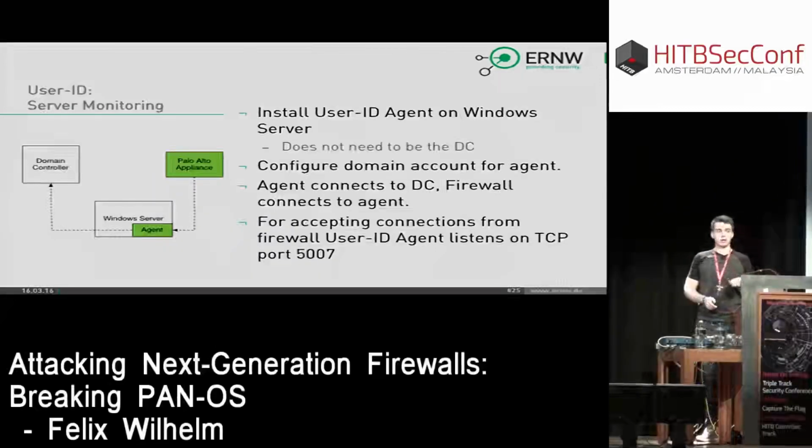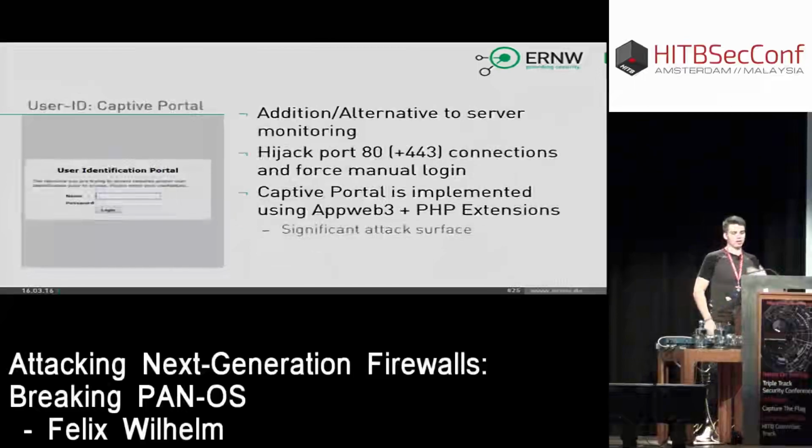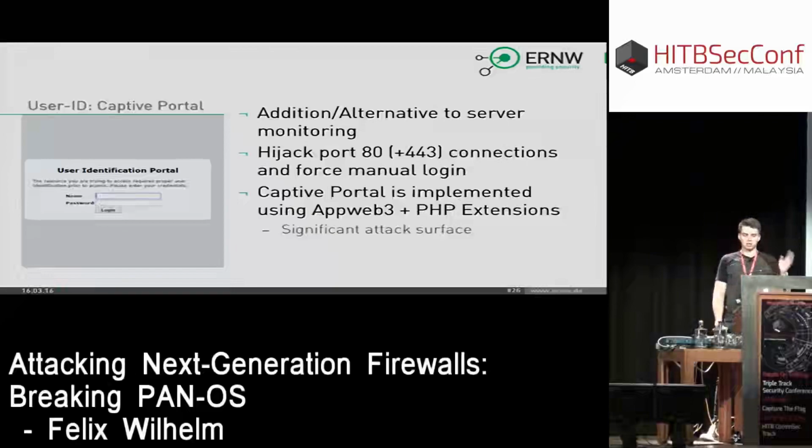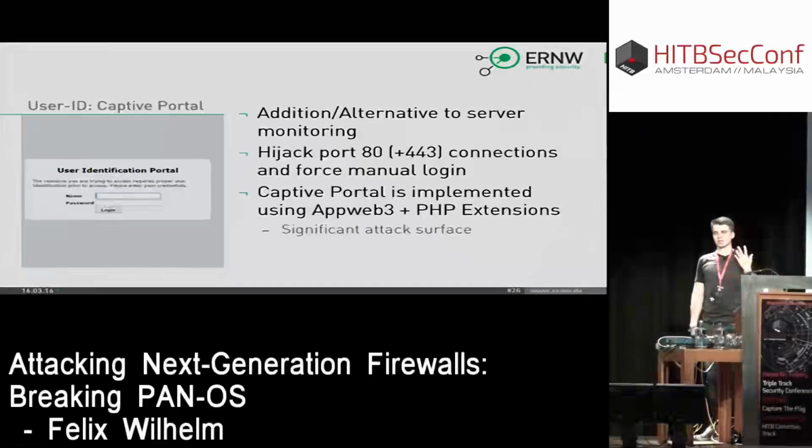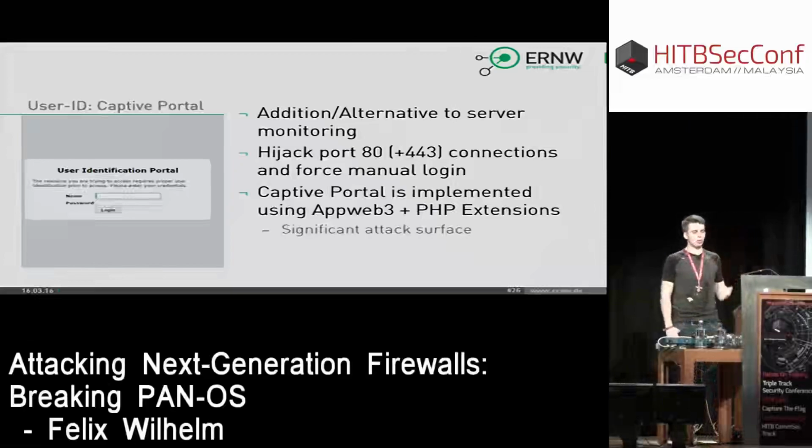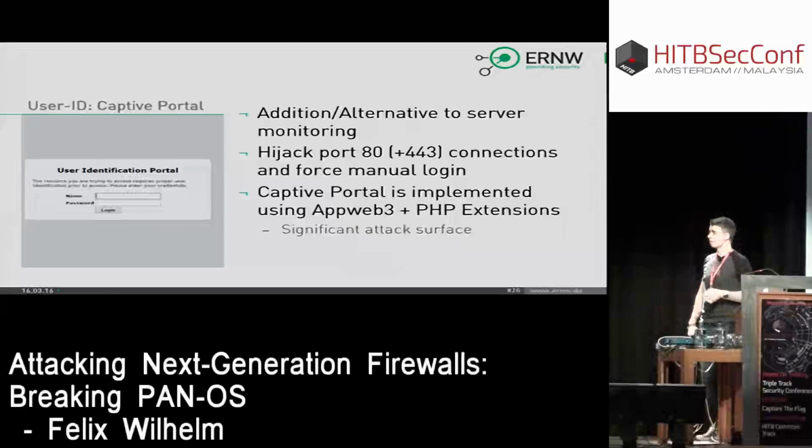The third way you can implement this User-ID feature is the so-called captive portal. This is an addition or an alternative to server monitoring. The idea is the appliance looks for connections to port 80, or to port 443 if SSL interception is enabled. And if it sees such a connection, it pops up this captive portal web page and forces a manual login.